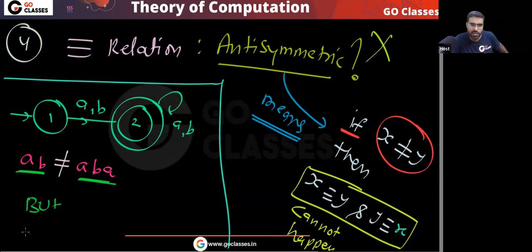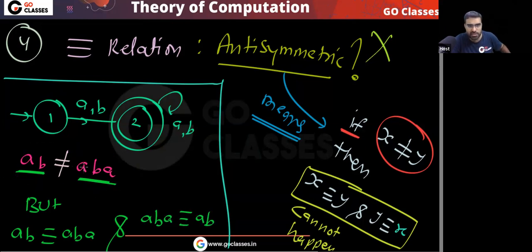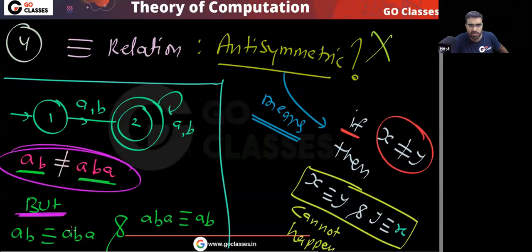But can you notice that AB is equivalent to ABA and ABA is equivalent to AB? They are different strings, but still AB is equivalent to ABA and ABA is equivalent to AB. So this relation is not antisymmetric.